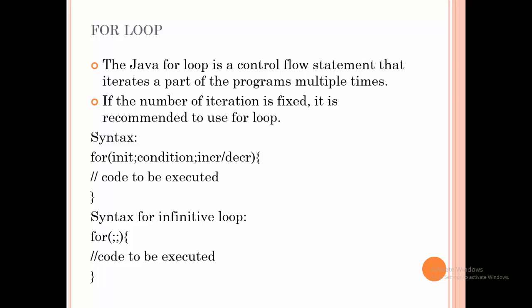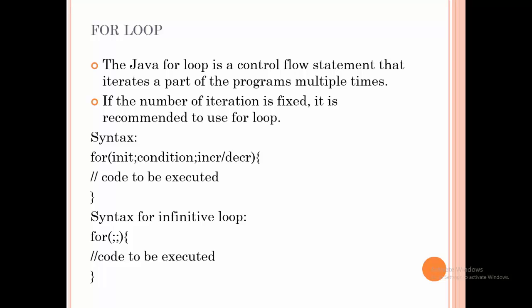So the syntax is for init, which is initializing, then we have a condition, then increment or decrement operator. Then we have a code to be executed. Okay, that is the for loop syntax, and the syntax for infinite loop.